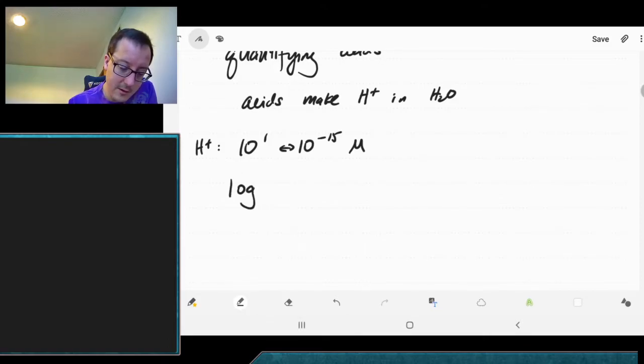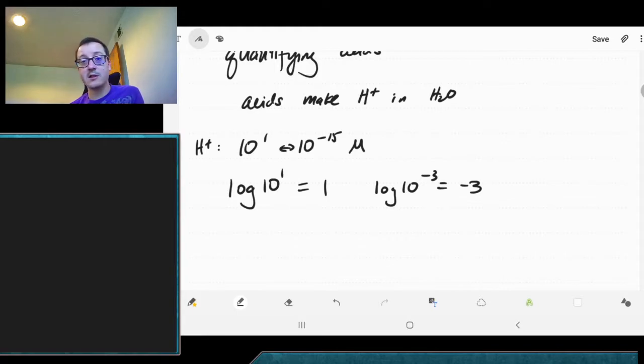Remember that the log of 10 to the 1 is just 1. Log of 10 to the minus 3 is minus 3. Remember, log just takes the exponent off your base 10.